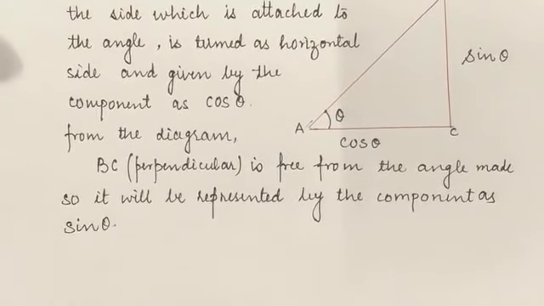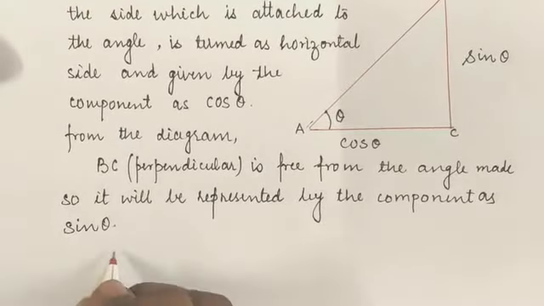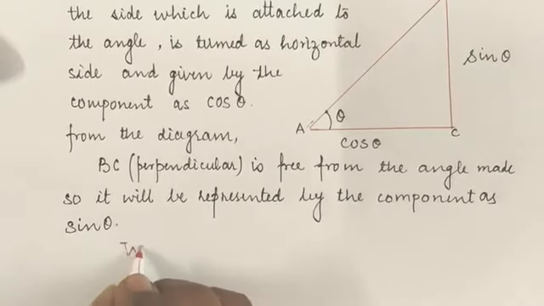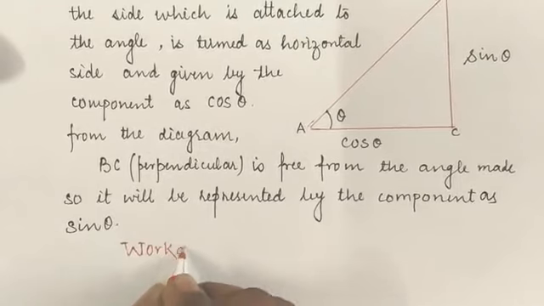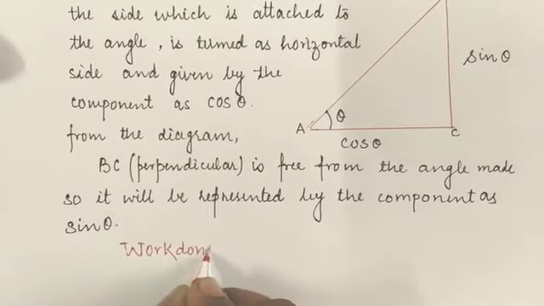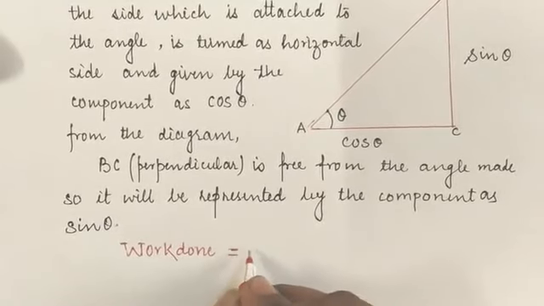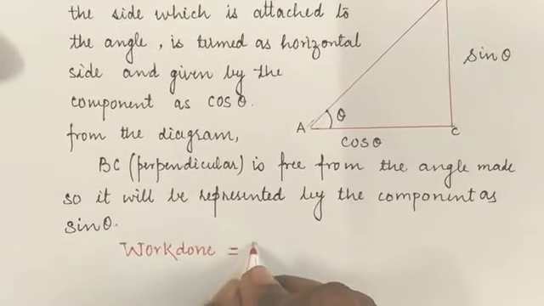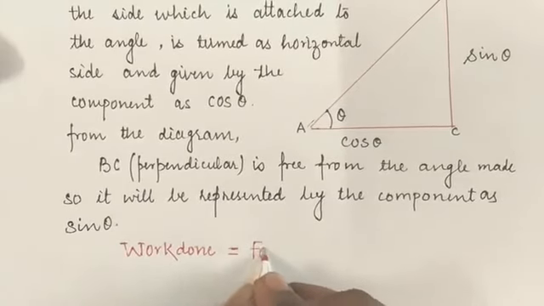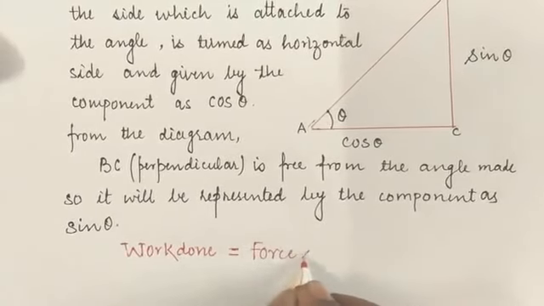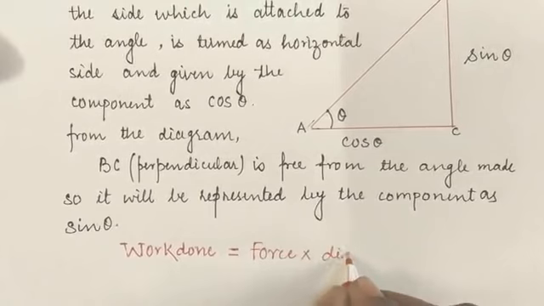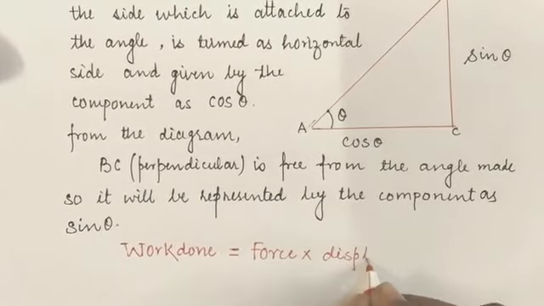That's why the expression of the work done can be given in the form of, already we have learnt about the work done by a body. When a force is applied to a body and the body gets displaced, it means that movement takes place. So the work done by a body due to the application of force can be given by the product of force and the displacement caused by the applied force.